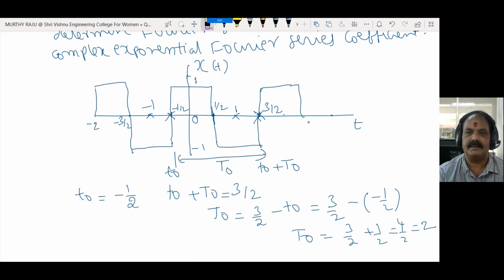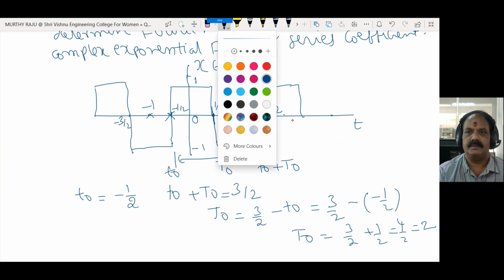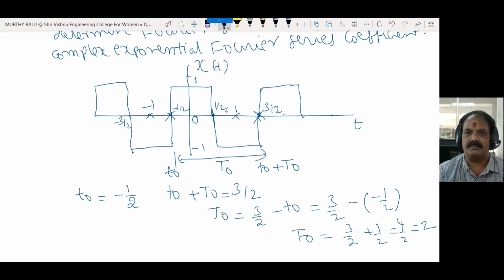Here 1/2 plus 1/2 is 1, plus 1/2 is 3/2, 3/2 plus 1/2 is 2 here, and here -2. 2 plus 1/2 is 5/2 here, and this one is -5/2. This is the waveform.